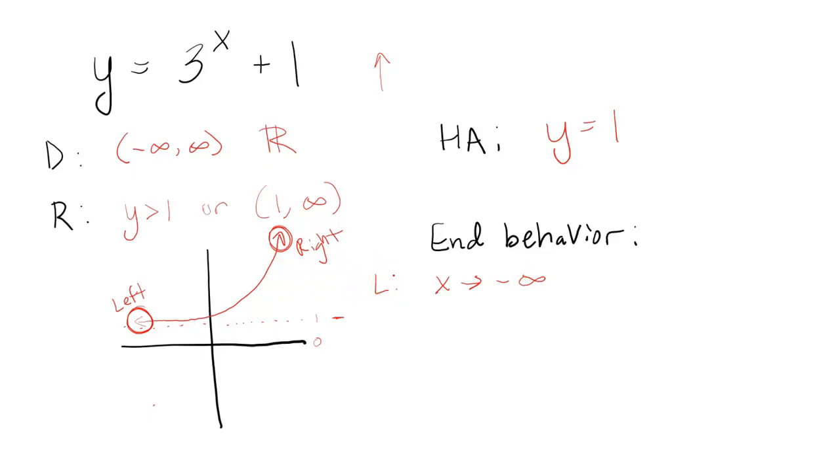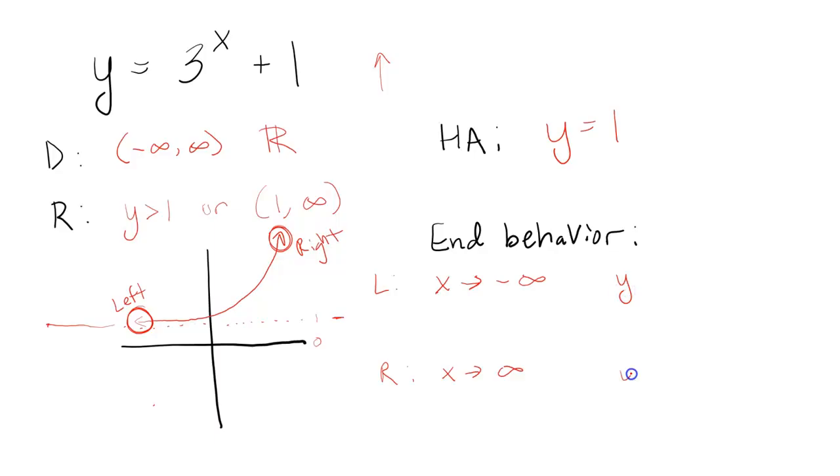So when I'm talking about the left end, I'm going to the left, which is to negative infinity. When I'm talking about the right end, I'm talking about the right, which is as x goes to positive infinity.